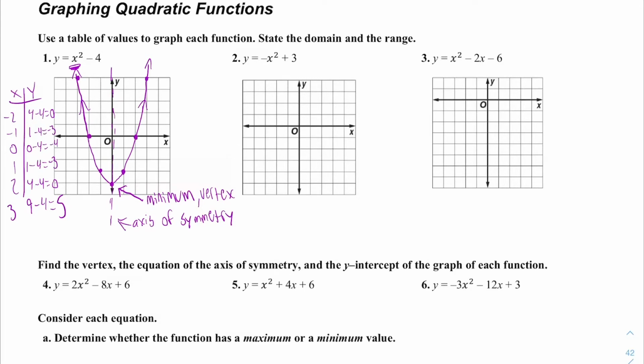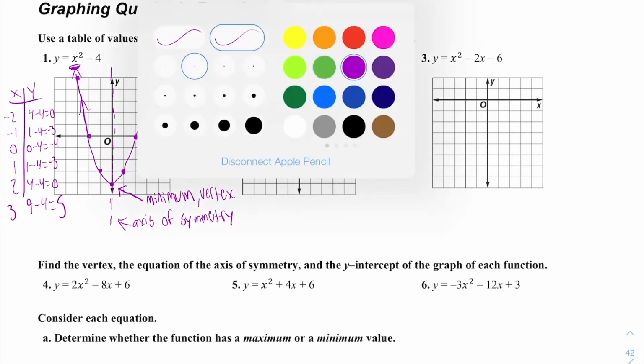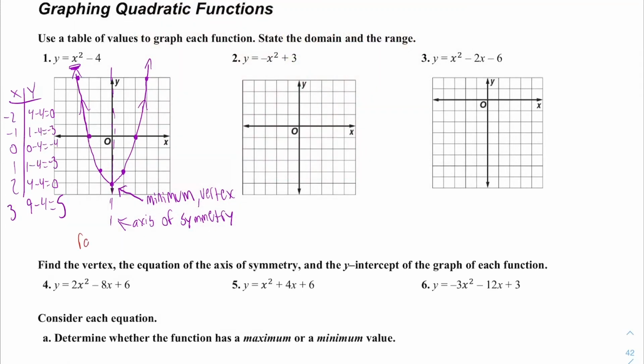And then the question asks us to state the domain and range. The range is any y that's possible. So for the range, what can y be? What is the smallest thing? What does y have to be bigger than?